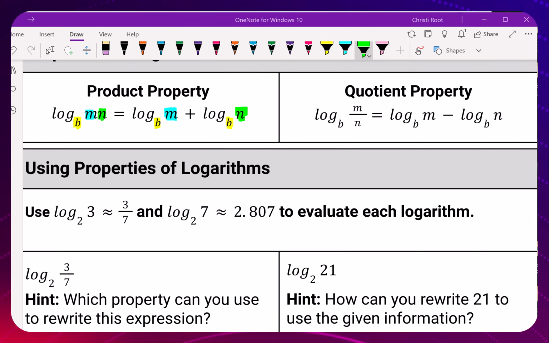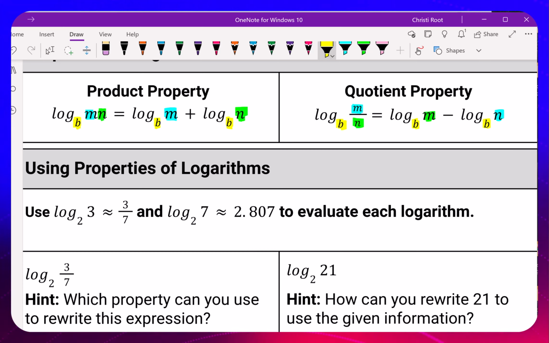You can remember the quotient property in the same way. If you see that you have a division situation here where you're dividing m by n, if you were dividing the same base, you would subtract the exponents. So if you wanted to separate the division, you can use a logarithm of the same base, separate the m and the n, but you're going to use subtraction to do so.